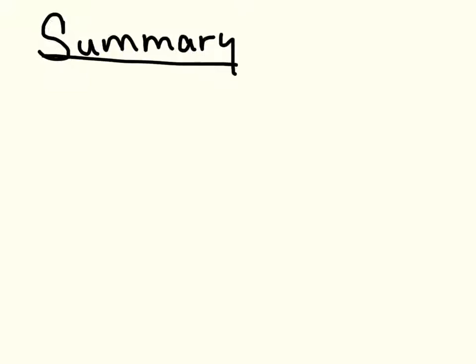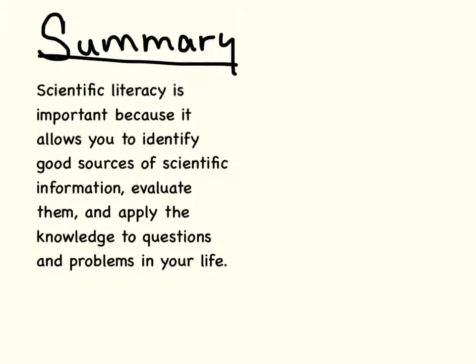Okay, let's summarize. Scientific literacy is important because it allows you to identify good sources of scientific information, evaluate them, and apply the knowledge to questions and problems in your life.